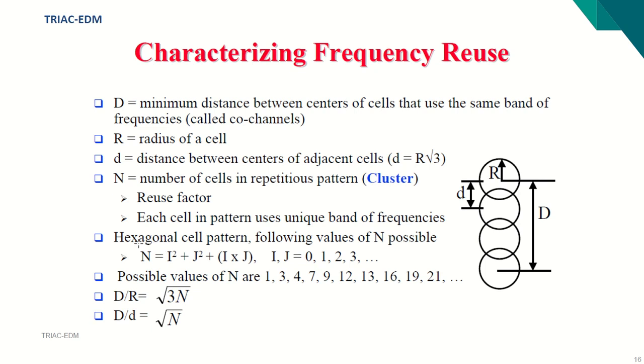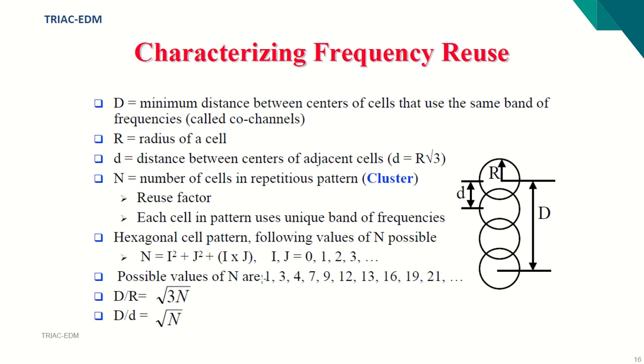Okay, so we have a hexagon cell pattern with the following possible values of n. n will be i squared plus j squared plus i multiplied by j, where i and j are the indices of the cells.